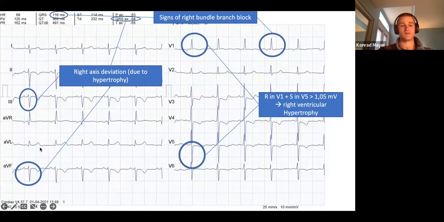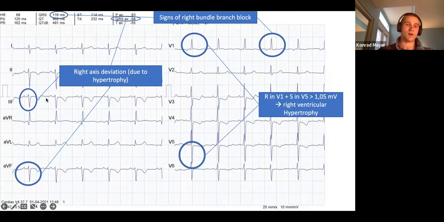And usually lead 2 should be very positive overall. In this case, you can see that the positive spike of the R wave is much smaller than the S wave, which means it is overall negative. Same goes for lead 3.